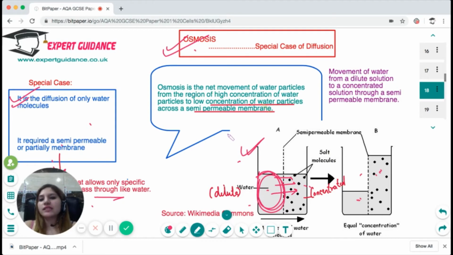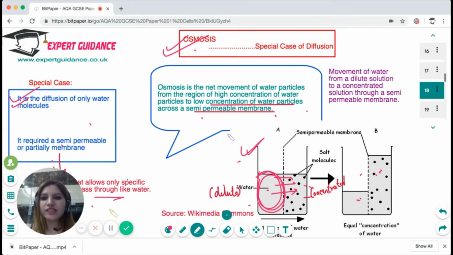So osmosis is the net movement of water particles from a region of high concentration of water particles to a region of low concentration of water particles across a semi-permeable membrane, or you can say it's the movement of water from a dilute solution to a concentrated solution through a semi-permeable membrane.